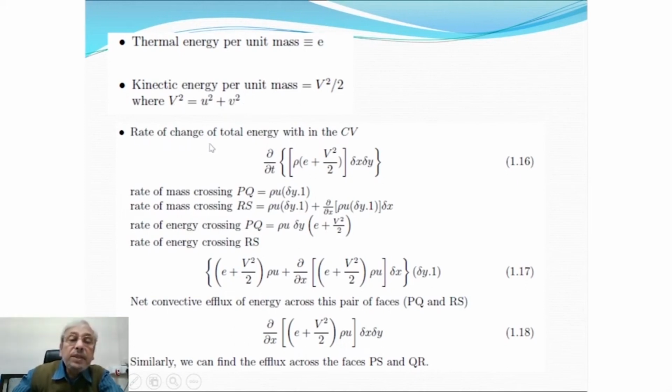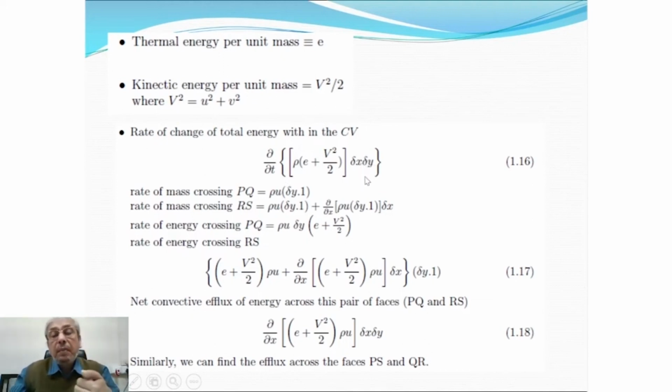Now, rate of change of total energy within the control volume, we can write as del t of rho times (e plus V square by 2). This is total energy per unit mass into rho into the volume.